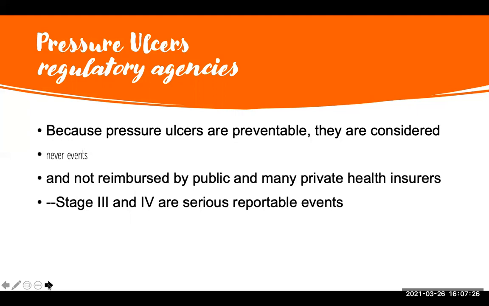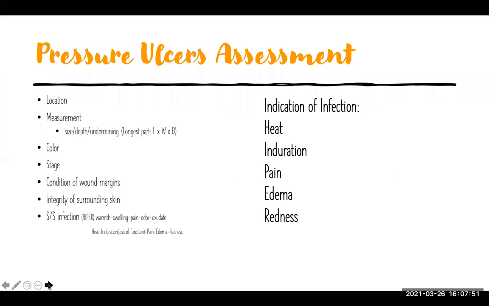Hospitals will be refused payment for pressure ulcers that are formed while the patient is in their care. Stage 3 and stage 4 pressure ulcers are considered severe and serious reportable events. We'll learn how to stage pressure ulcers a little later on. So they're never events. Pressure ulcers should never occur.